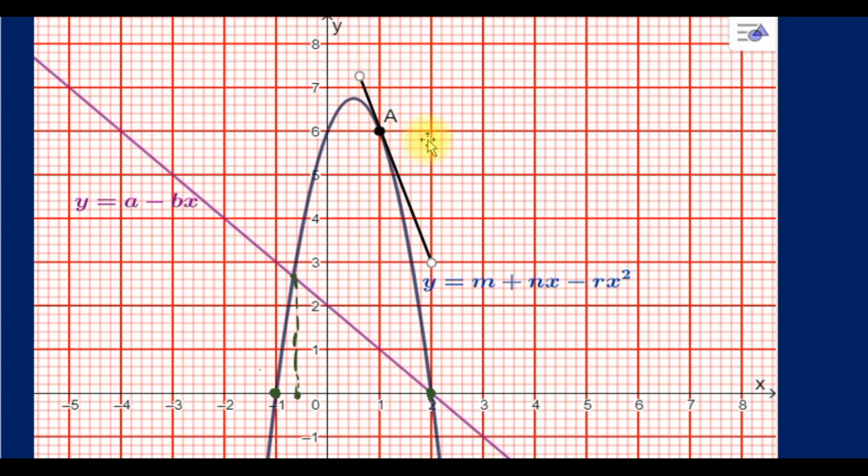With that, we use it to find the slope. The slope of the tangent line is the same as the slope of the curve. So let's get the slope of the tangent line.